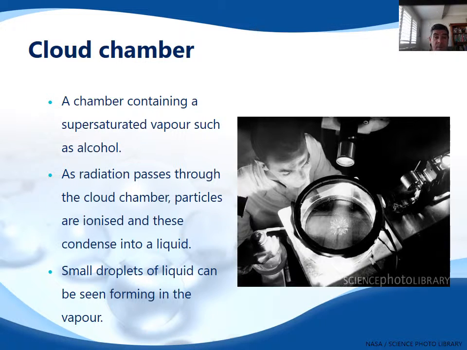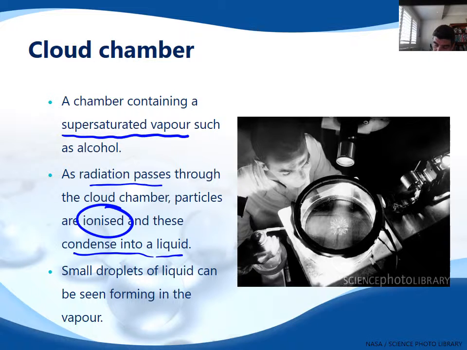So another method that we can use is the cloud chamber. The cloud chambers are basically made of supersaturated vapors, and this could include alcohol. As the radiation passes through the cloud chamber, the particles become ionized, and the consequence is they condense into liquid. So you can actually see the little droplets of liquid forming in the vapor, and they make little trails.